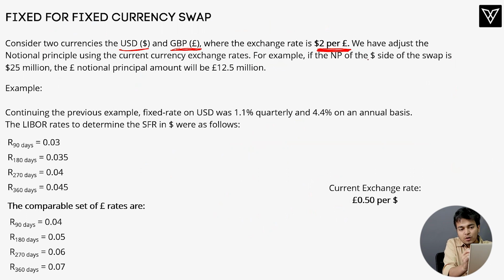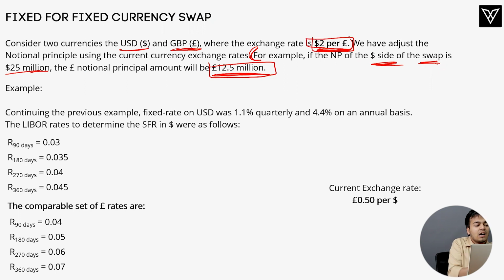If the notional principal on the dollar side of the swap is $25 million, the notional principal will be £12.5 million on the GBP side. Why? Because $2 is equal to 1 pound. That is something we need to understand.